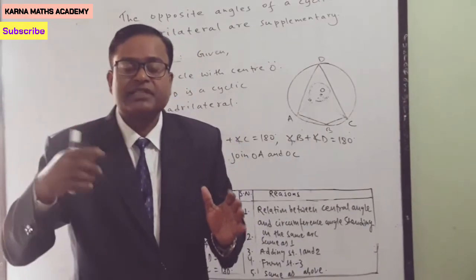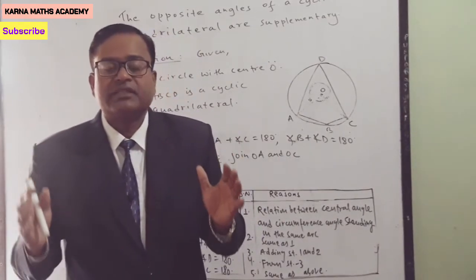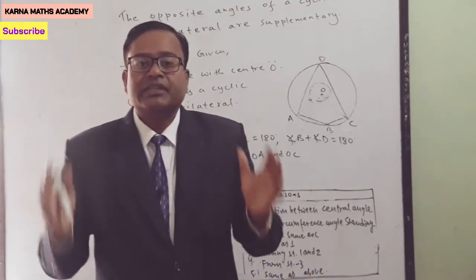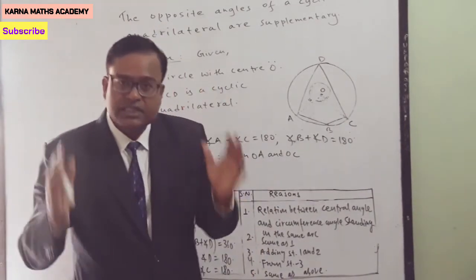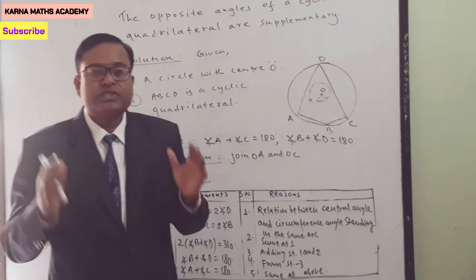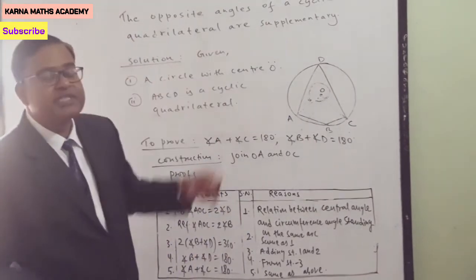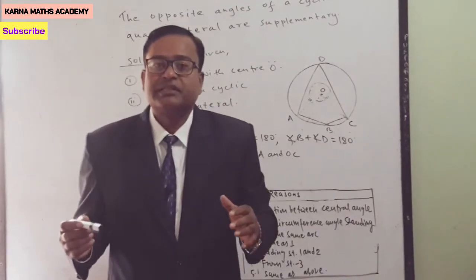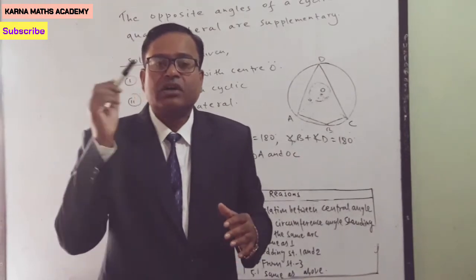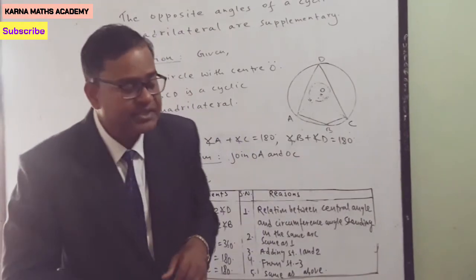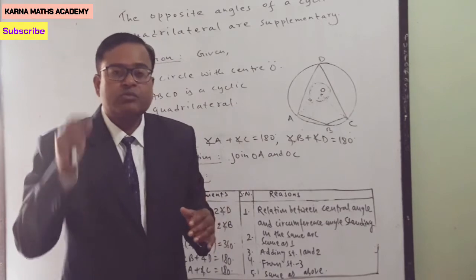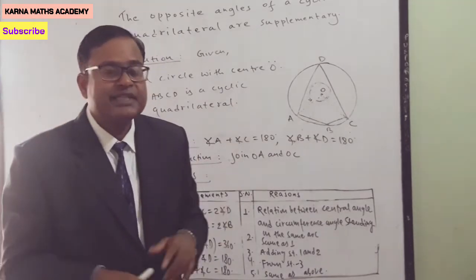So if all the vertices of a quadrilateral touch the circumference of the circle, then the quadrilateral is called cyclic quadrilateral. So dear students, according to the statement of this theorem, we have to prove that the opposite angles of a cyclic quadrilateral are supplementary. That means the sum of the opposite angles is 180 degree.